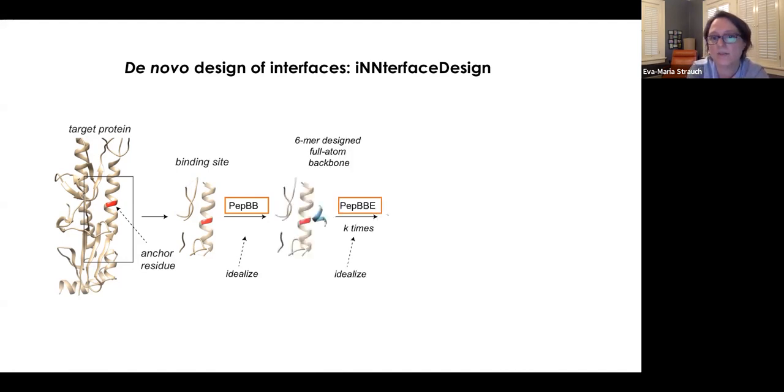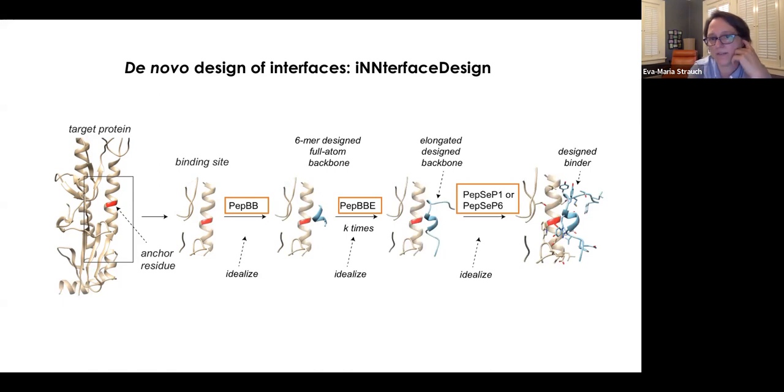And then we start elongating from the initial peptide fragment, because we start with 6-mers. Again, this is idealized. It can be repeated multiple times. The overall architecture is the same as the PEP-BB part. And then once we have an elongated design, we can design the sequence using another set of neural networks.